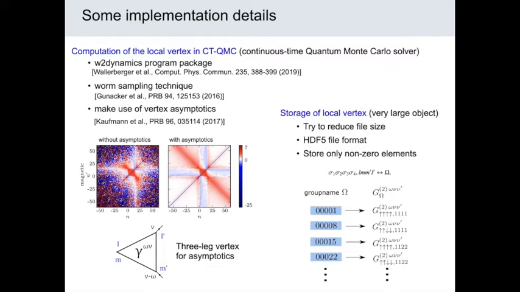And under this group name, this number, you then store the vertex function for this orbital spin combination, and you store only those which are non-zero. So for example, for this calculation for strontium vanadate that I did, you can save an order of magnitude with respect to storage. So this is basically what is still done in the QMC solver, in the impurity solver.